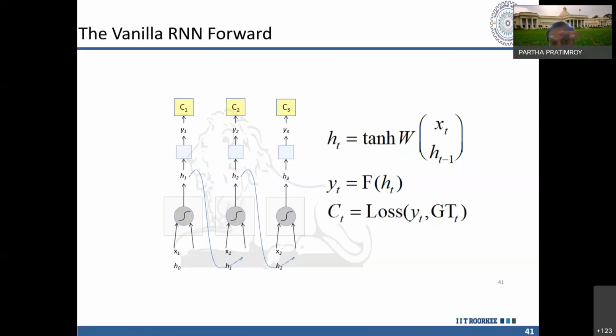So this loss has to be learned. This loss will be learned using the backpropagation algorithm. That's why this loss function takes yi, the output that you are predicting, and gt, the ground truth. For example, the ground truth is apple.